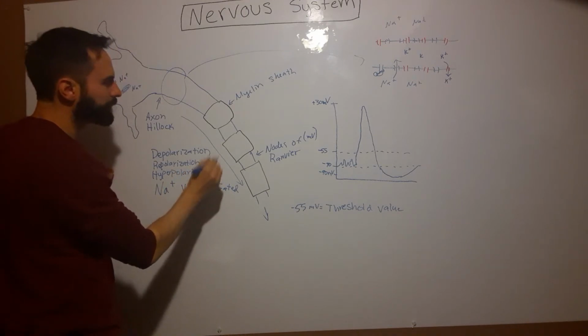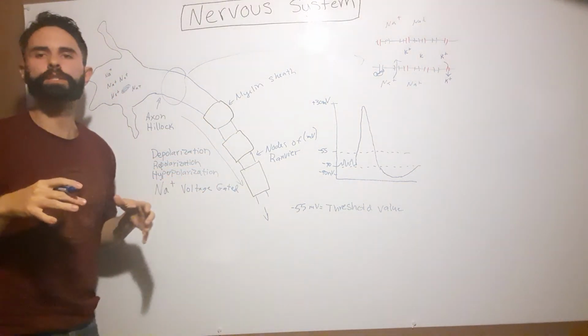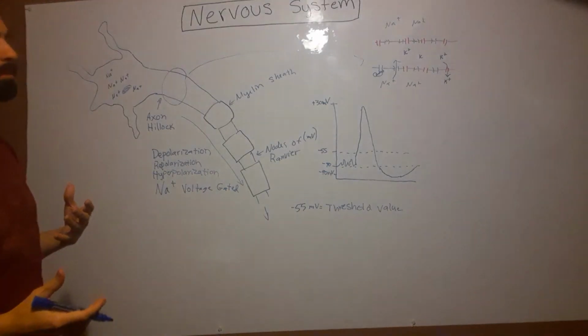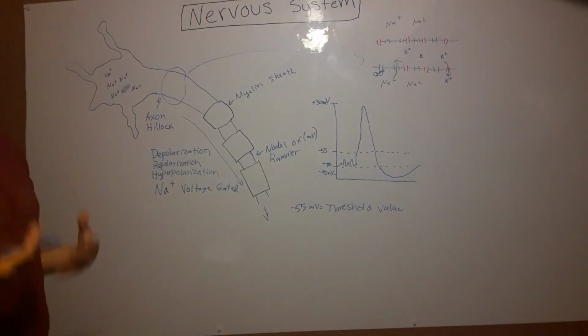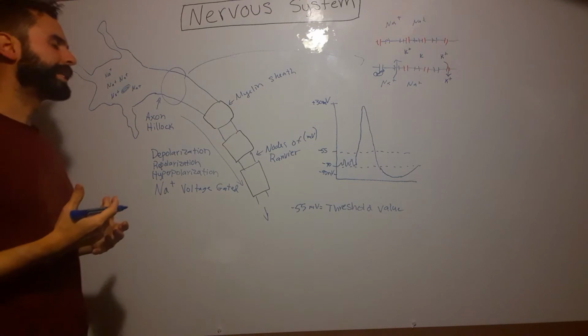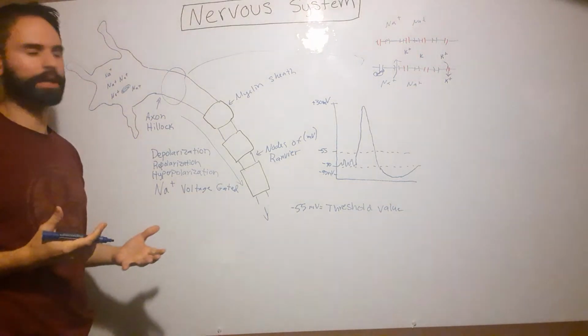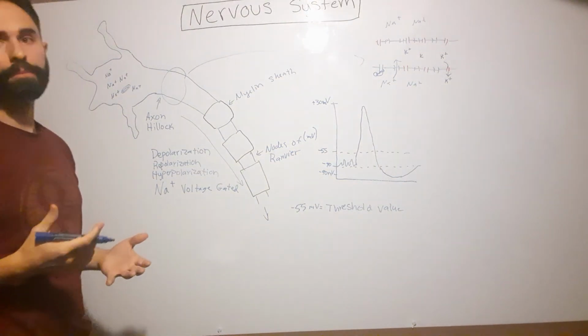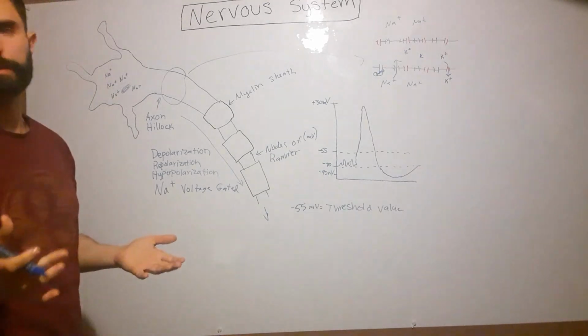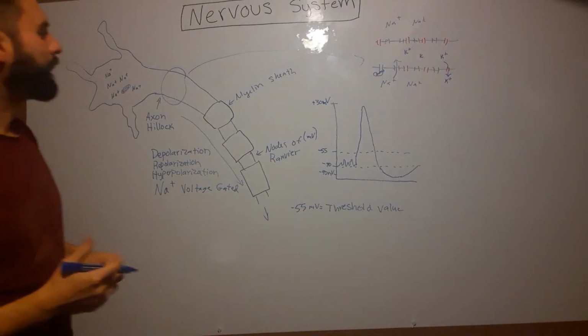Okay? So depolarization is causing the effect to occur, the stimulus, the firing. When you have a hyperpolarization effect, it's an inhibition. It's inhibiting the firing. And the body actually uses that for different things, okay?